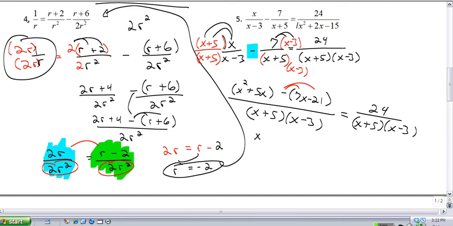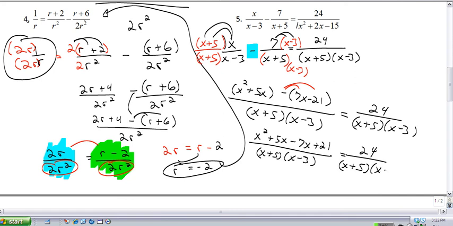You've got x squared plus 5x, take away 7x minus 21, all over x plus 5, x minus 3, and that equals 24 over x plus 5, x minus 3.